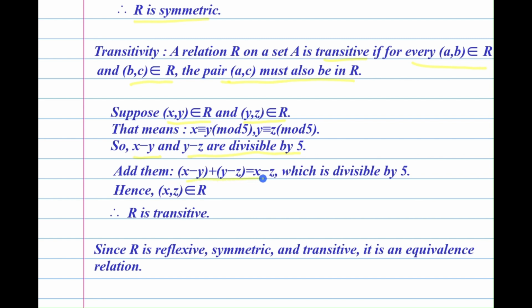Now on adding them we get x minus z, which is also divisible by 5. Therefore, (x, z) belongs to R, and the relation is transitive. Since the relation R is reflexive, symmetric, and transitive, it is an equivalence relation.